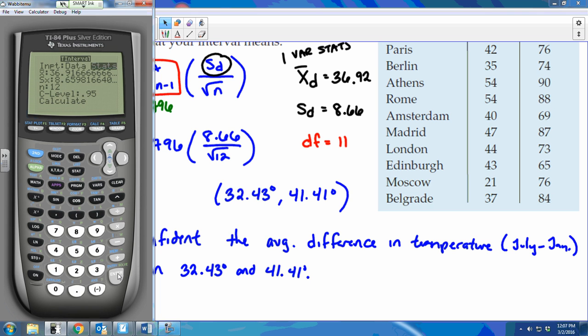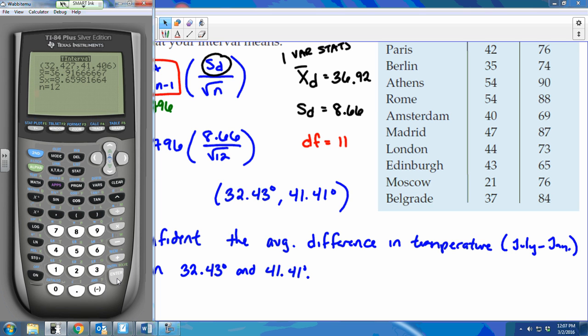We have the stats, we also have the data in the calculator, so I'm going to use the data because why not? I'm using list 3 as my list because that's the list of the differences. And I want to be 90% confident. Hopefully this is right. Yeah, 32.427, 32.43, 41.406, 41.41.